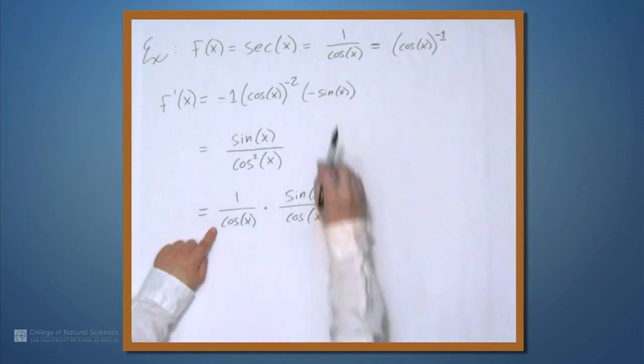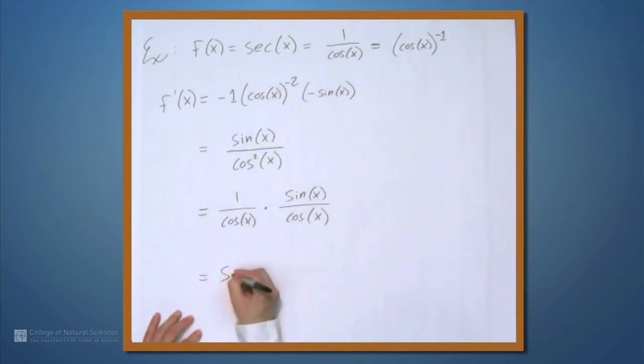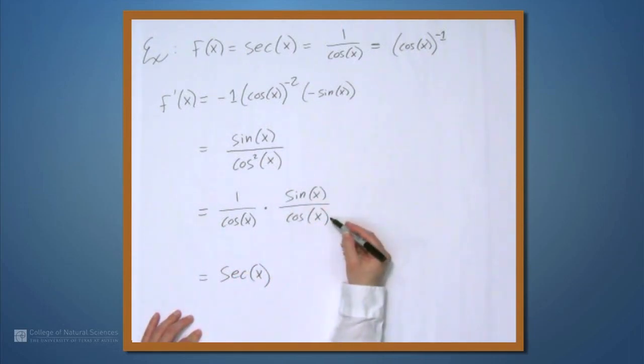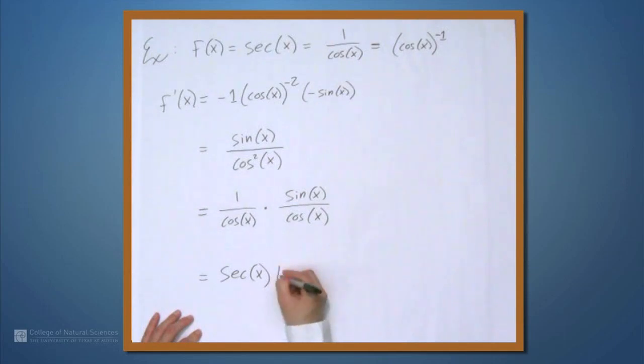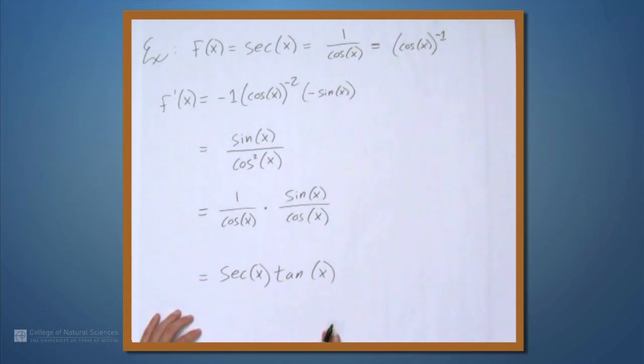This first part is secant. And the second part, we can remember from the first example, is tangent. So there's our derivative of secant x. Once again, using only the derivative, in this case, of cosine. Let's do one more example.